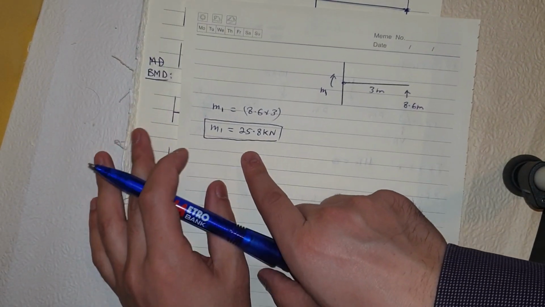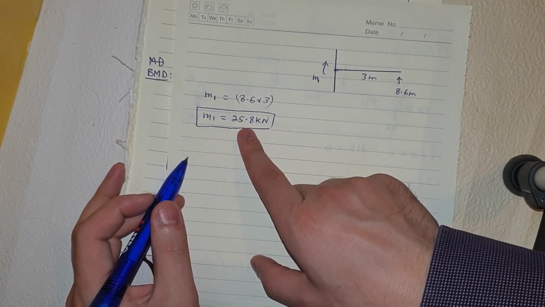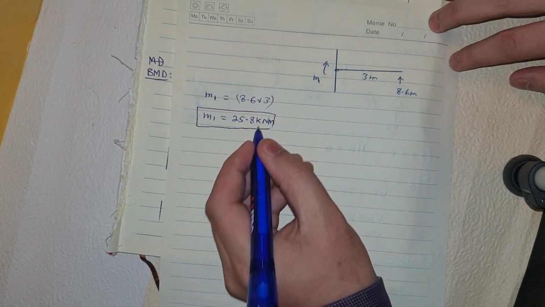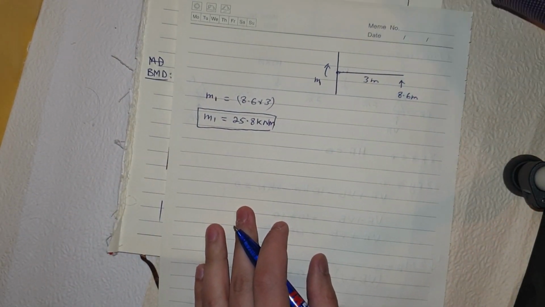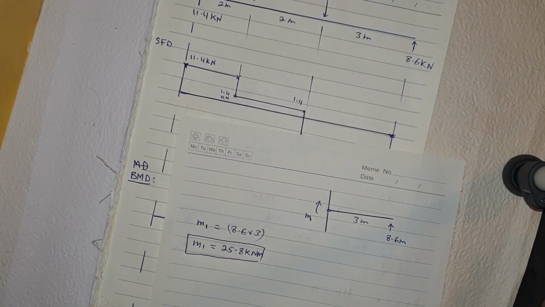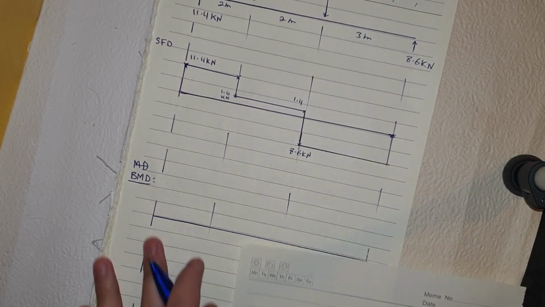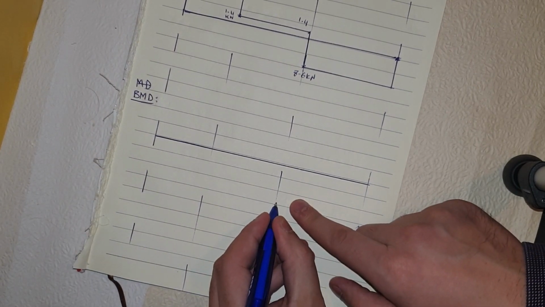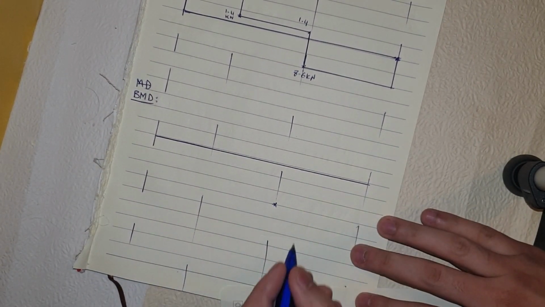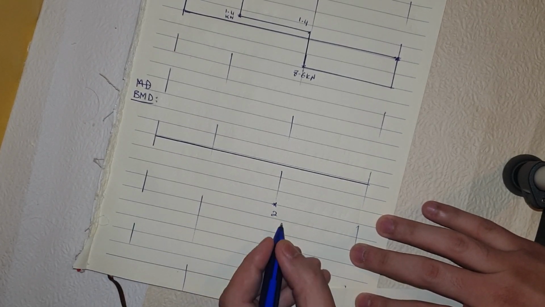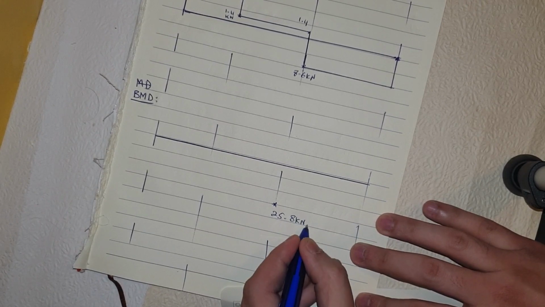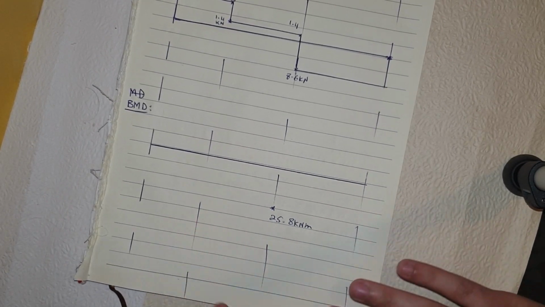I have found out the value of my bending moment, which was 25.8 kilonewton meter. So it was from 3 meters. So it's positive, therefore it goes down here. So 25.8 kilonewton meter.